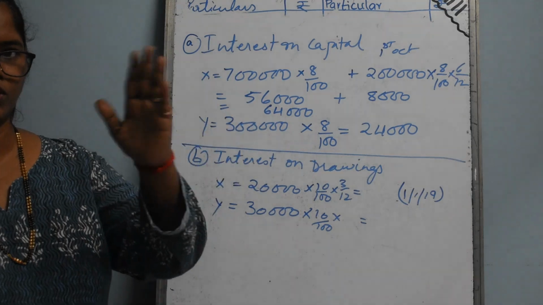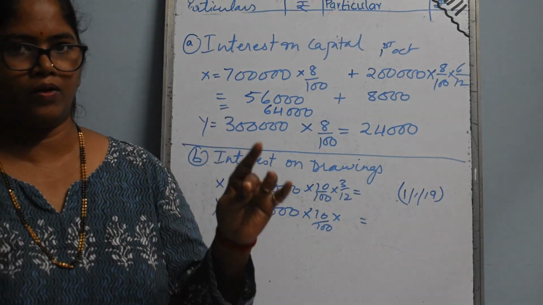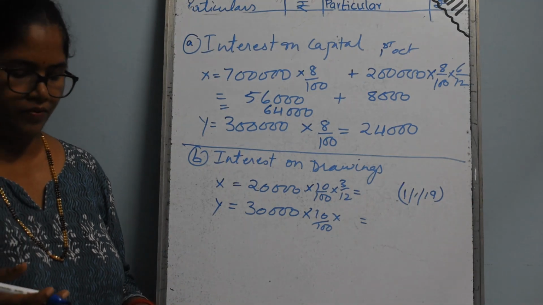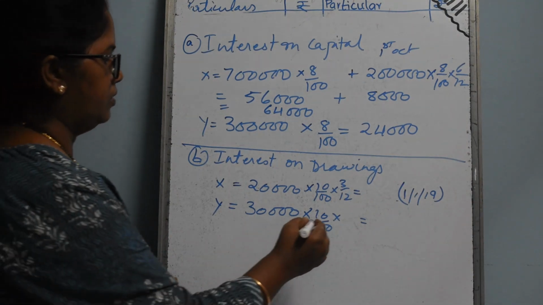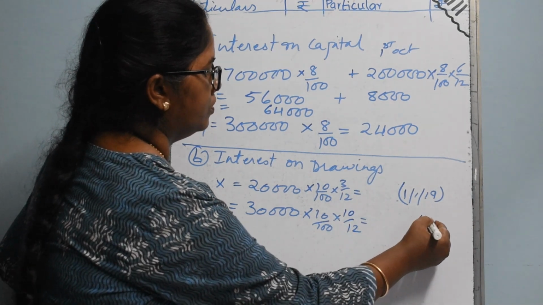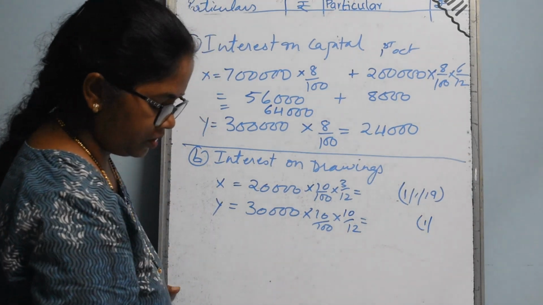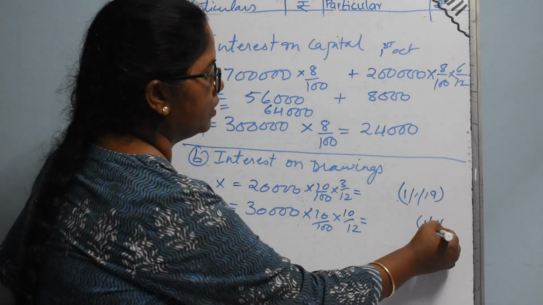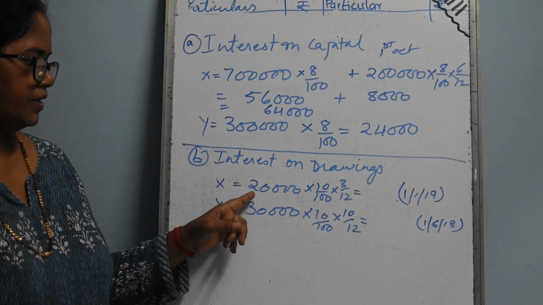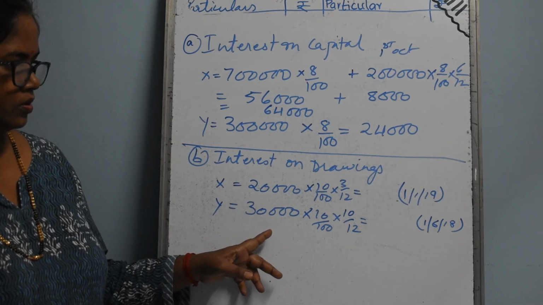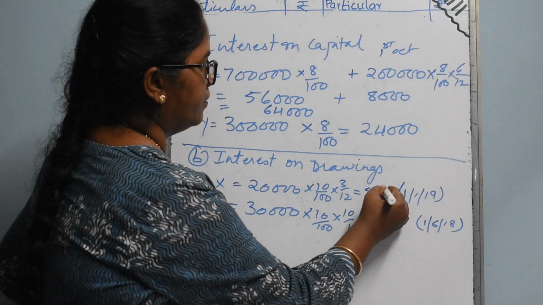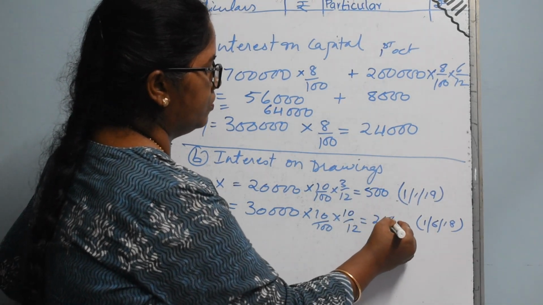So from June to 31st March: June, July, August, September, October, November, December, January, February, March, so 10 months. The amounts come to 500 and 2,500.